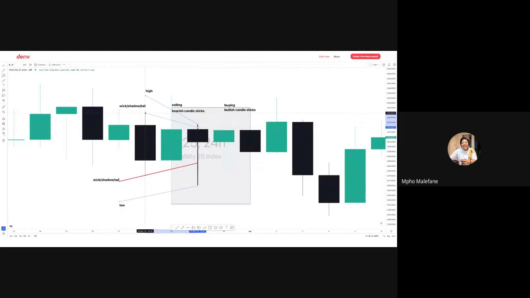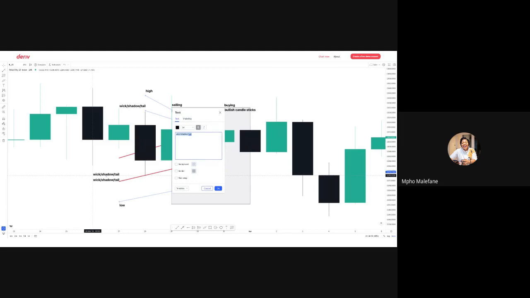While this padded one is called the real body. Along the line, you will know how these things work, so don't stress yourself right now.